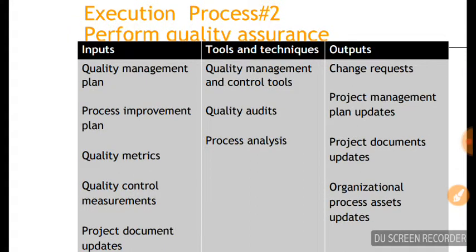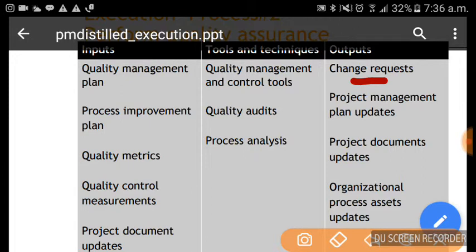Tools and techniques: quality management and control tools, quality audits, and process analysis. Outputs are change requests, project management plan updates, project document updates, and organizational process assets updates, because all these things will get into the capability baselines of the organization.